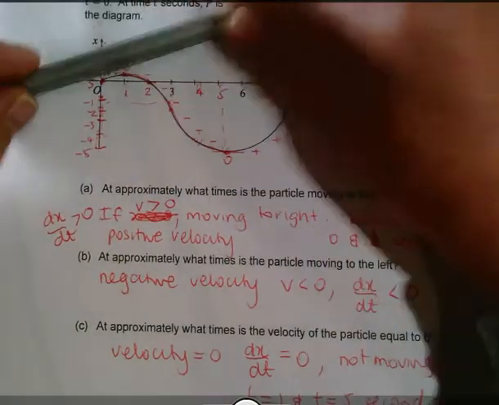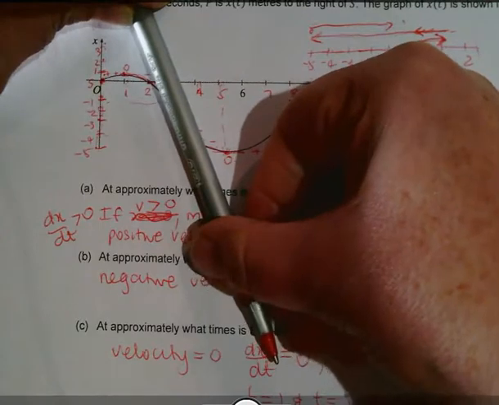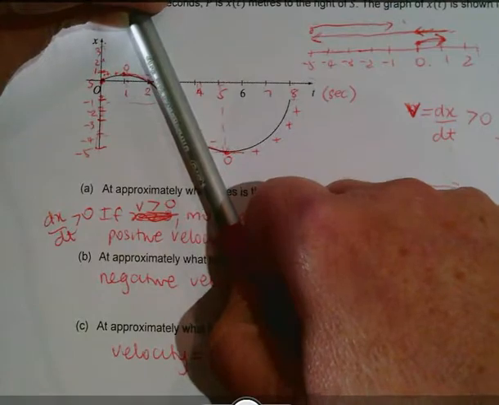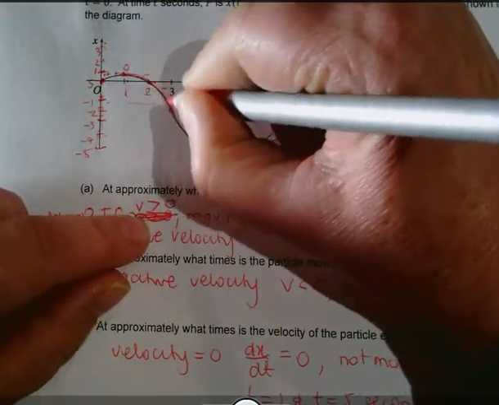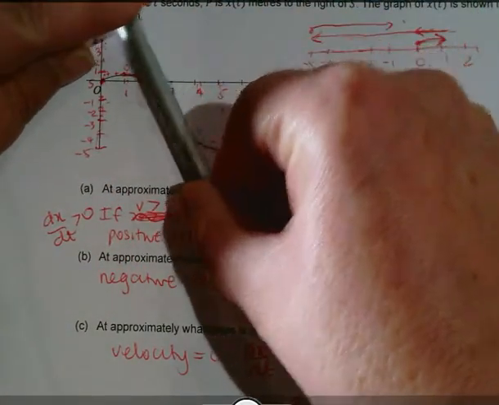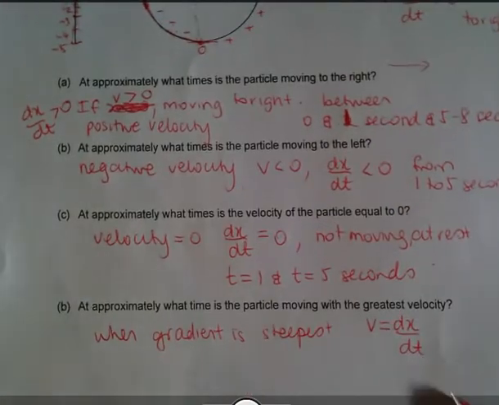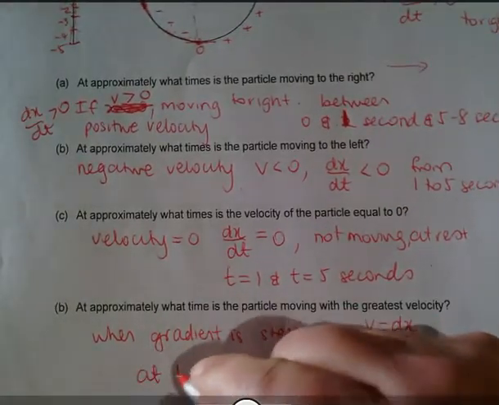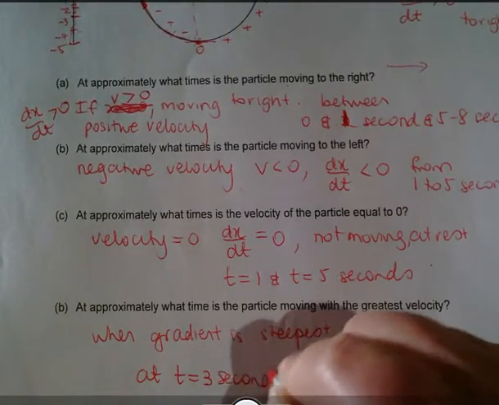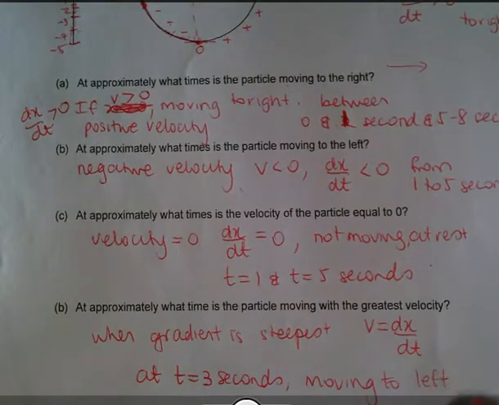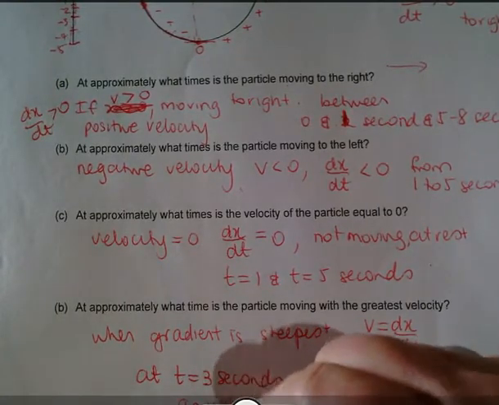If I look at my slope, that's fairly flat, and this is very steep here, but the gradient is negative, so I'm moving very quickly towards the left. If I was to pick where I have the steepest curve, it would be about time equals 3, because then it flattens off again. So the particle is moving with the greatest velocity at time equals 3 seconds, and it's moving to the left because velocity is negative there.